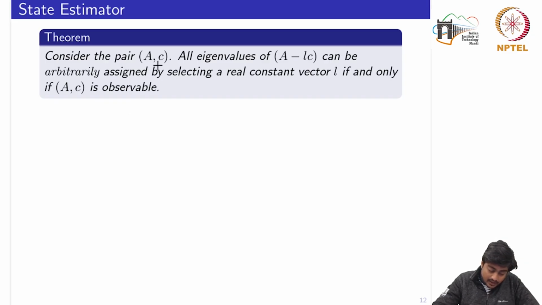So consider the pair A, C. All eigenvalues of A minus LC, or this modified matrix, the error matrix, can be arbitrarily assigned by selecting a real constant vector L if and only if the pair A, C is observable.